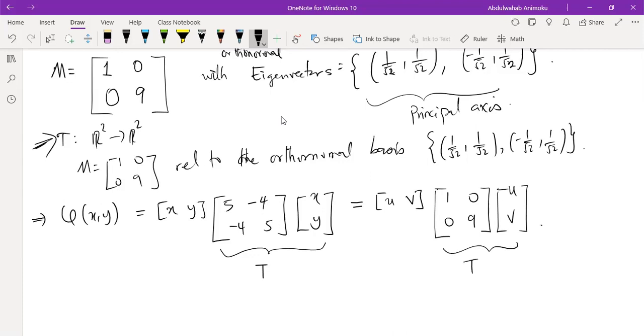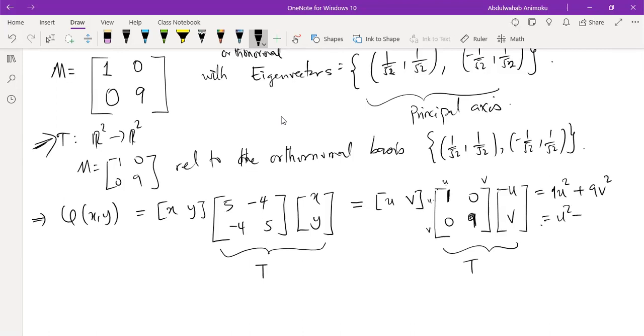Okay, nice. Now that we have this, when you multiply this thing out, just the same way we did it when we started this problem, this will be the coefficient of u square, so this will be 1 u square, and this will be the coefficient of v square, plus 9 v square.